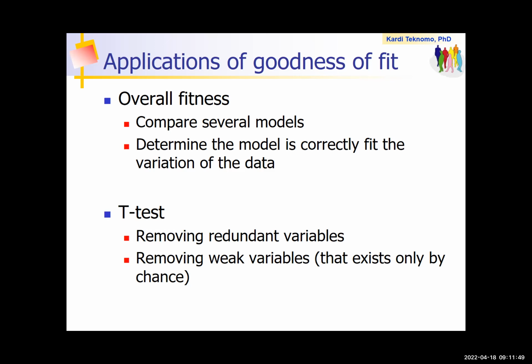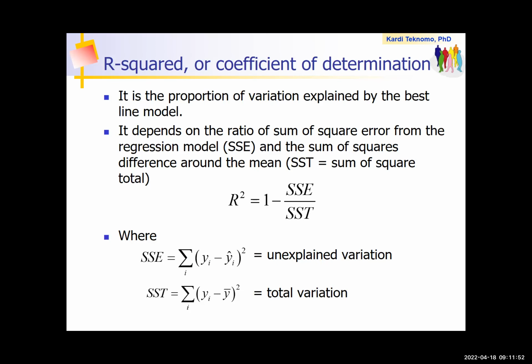Later I will show you certain things. So the R square, or sometimes called coefficient of determination. This is the formula. It's just a proportion of variation explained by the baseline model. It depends on the sum square of error and the sum square of difference around the mean, that is SST.